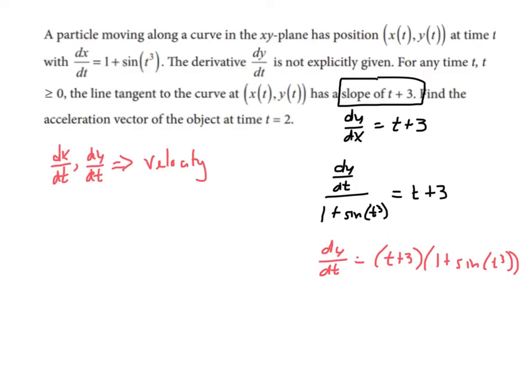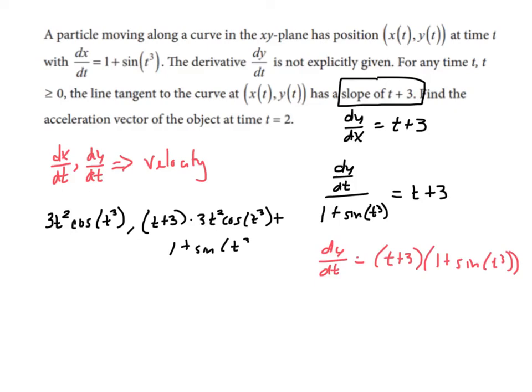So if I want the acceleration, I need another derivative of each component. I'm going to start with dx dt. The derivative would be 3t squared cosine of t cubed. And I would need some product rule here for the other piece. I would have first times derivative of the second plus second times derivative of the first, which is 1.